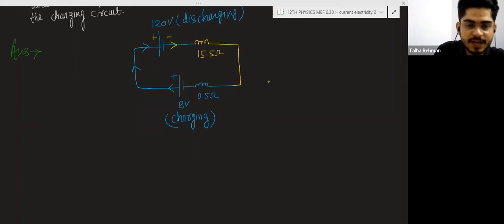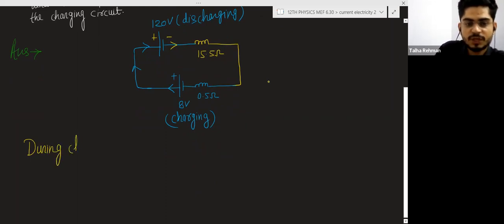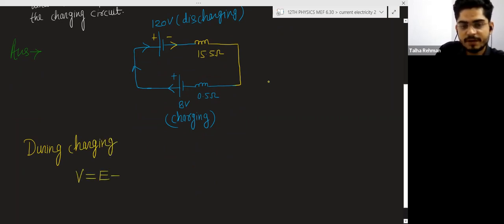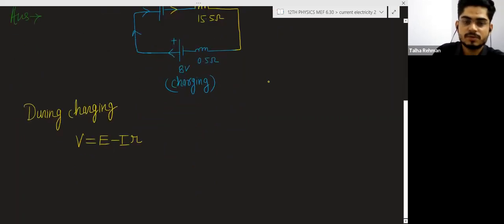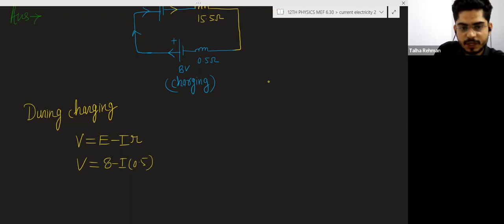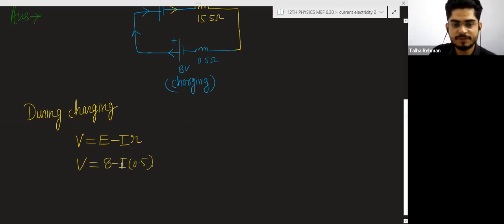I have told you, during charging the terminal voltage V is equal to EMF minus I into R. We have E, 8 volt. We have R, 0.5. But we do not have this I, and we will calculate this I from the circuit.